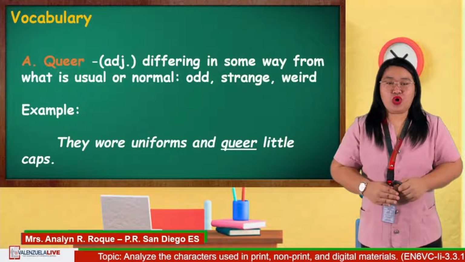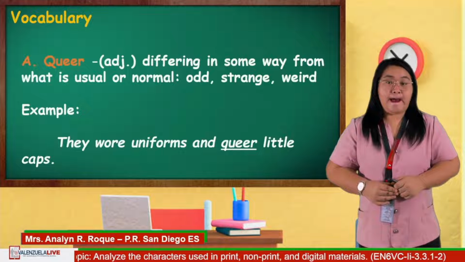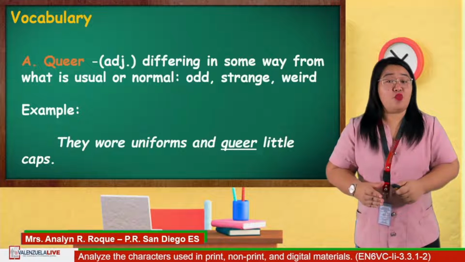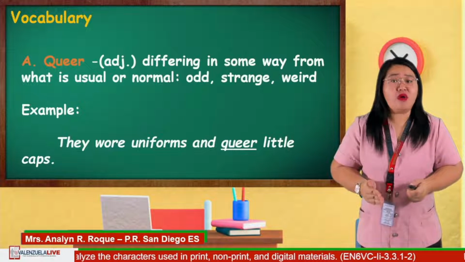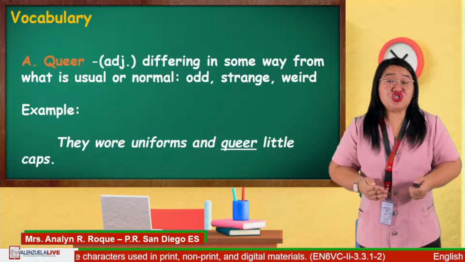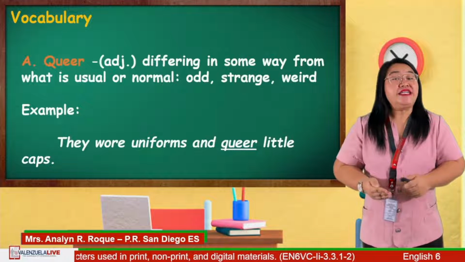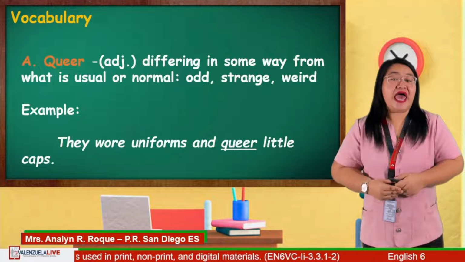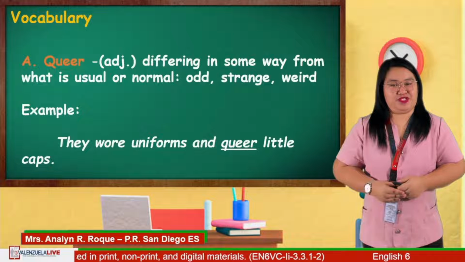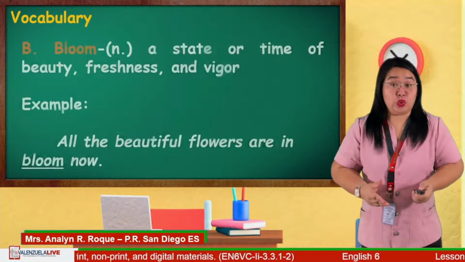First is the word queer. Queer is an adjective, meaning differing in some way from what is usual or normal, synonymous to the words odd, strange, or weird. Example, they wore blue uniforms and queer little caps. For the second word, we have bloom.